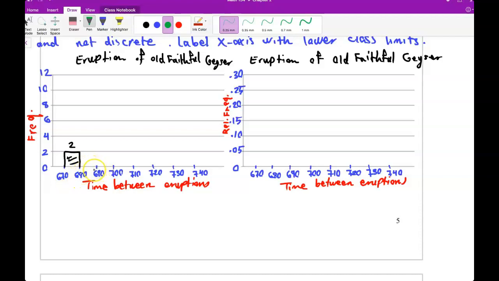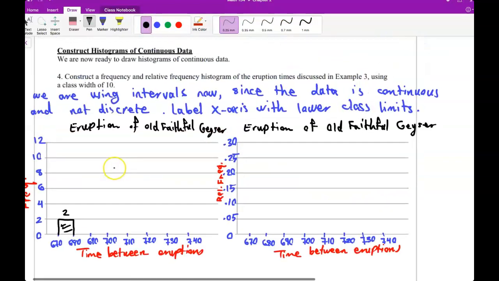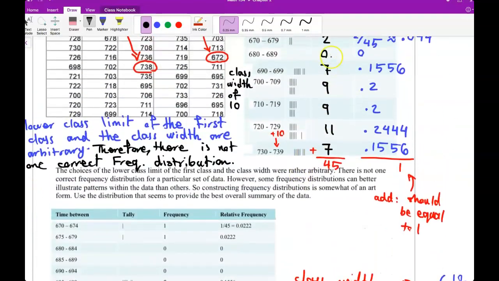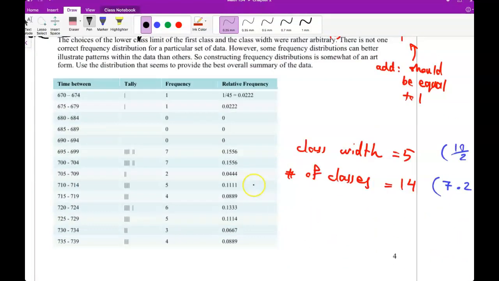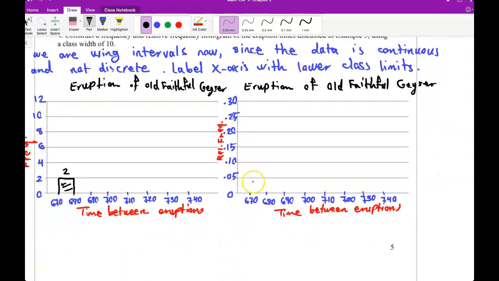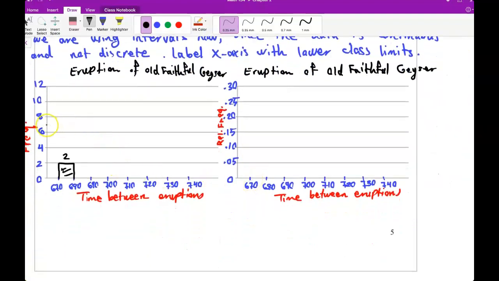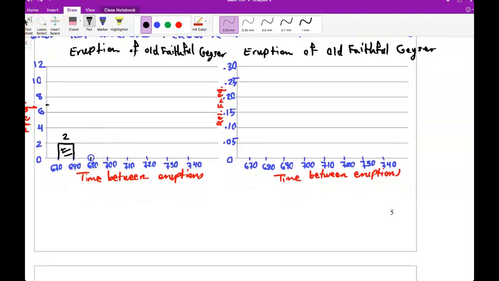Then between 690 and 700 we have 7. So the frequency for this part was 7. I'm trying to draw a rectangle for each part.